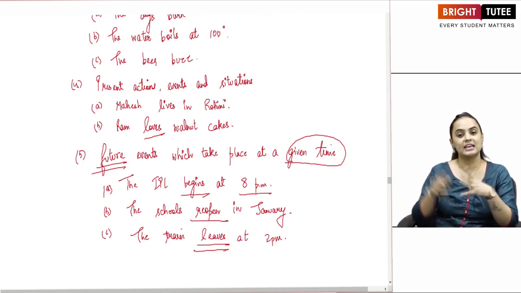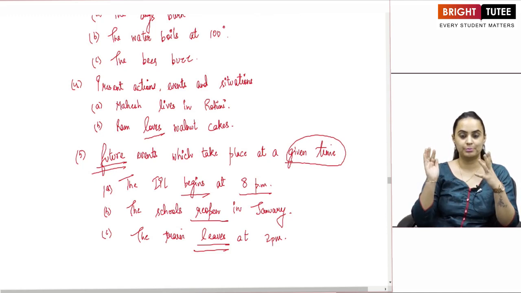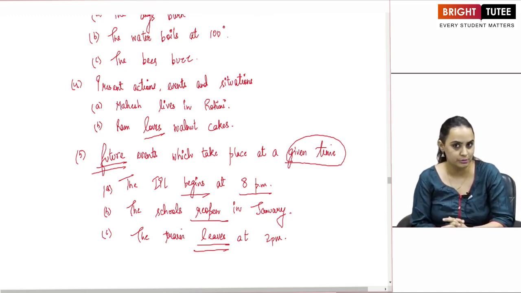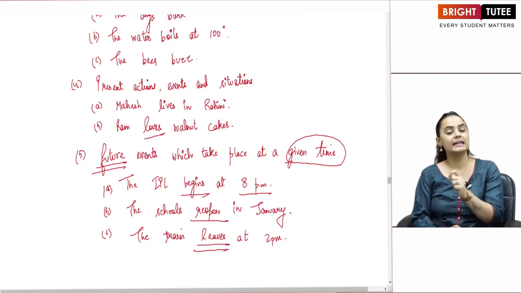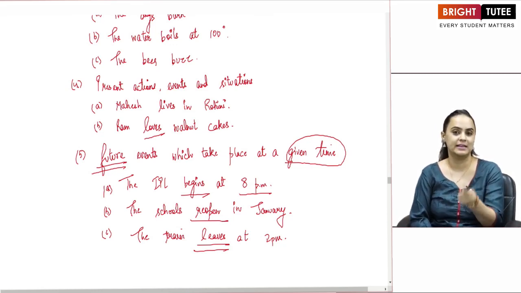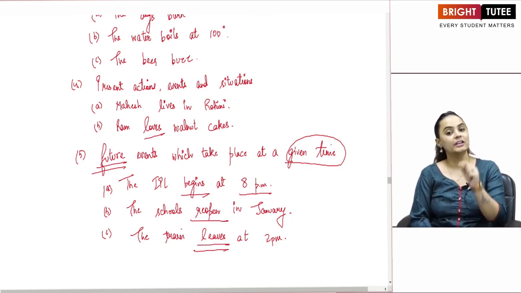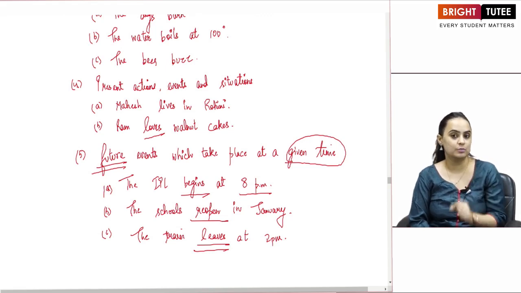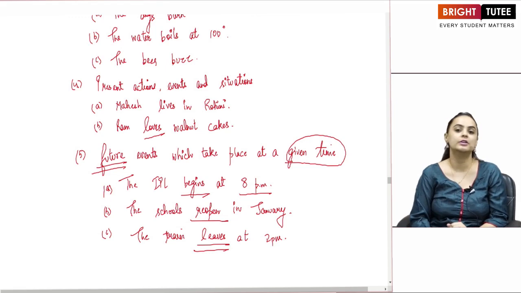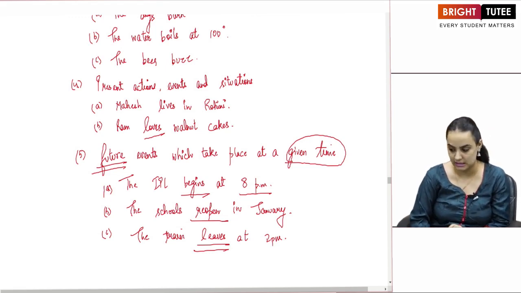Something that is taking place currently, some present event, some present situation, use the simple present tense for that. And last but not the least, if we are talking about an event which will although take place in the future, but we know the exact time when it is going to begin, for such actions, we use the simple present.